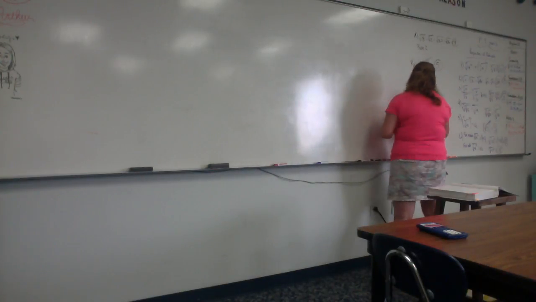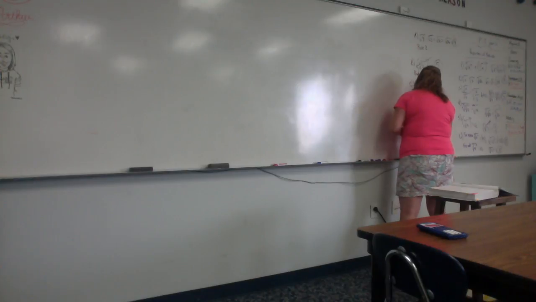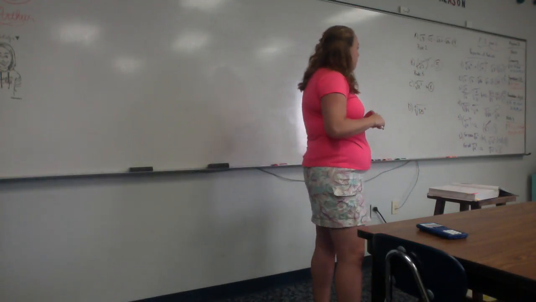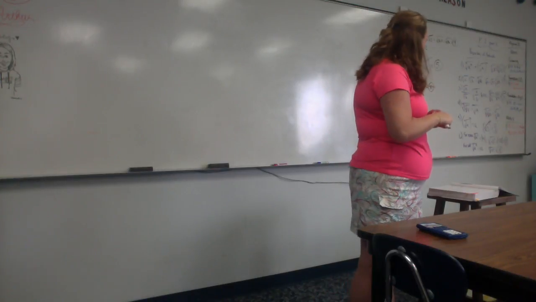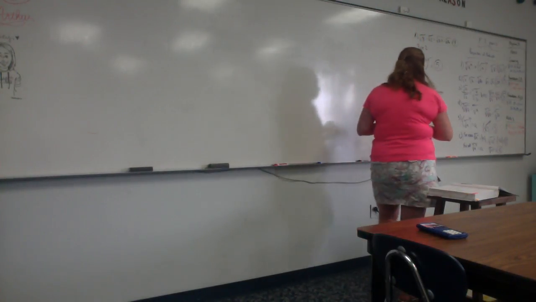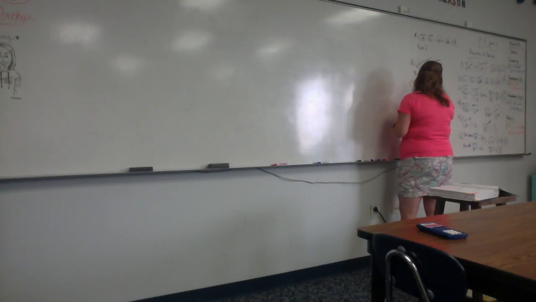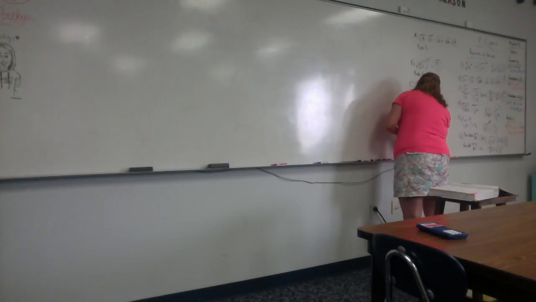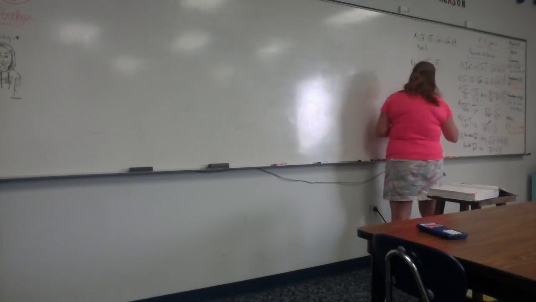What if I'm doing this? Cube root of 125 squared. Do I have any rules that look like that? Rule 1. So what do I need to do with that?